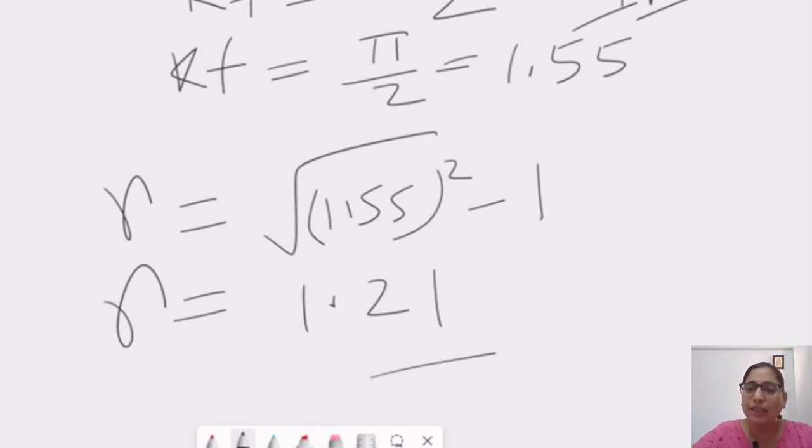Now, we know that ripple factor is the ratio of the AC component to the DC component present in the particular waveform. Ripple factor is the basic criterion from which we decide how efficient a particular rectifier is. So a half wave rectifier is not that efficient because the ripple factor is even more than 1. The lower the ripple factor, the higher the efficiency.